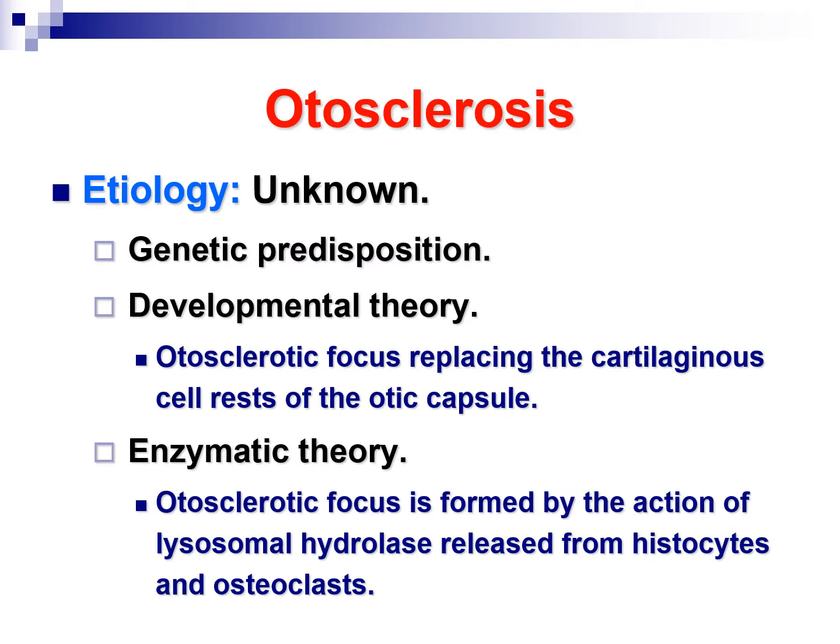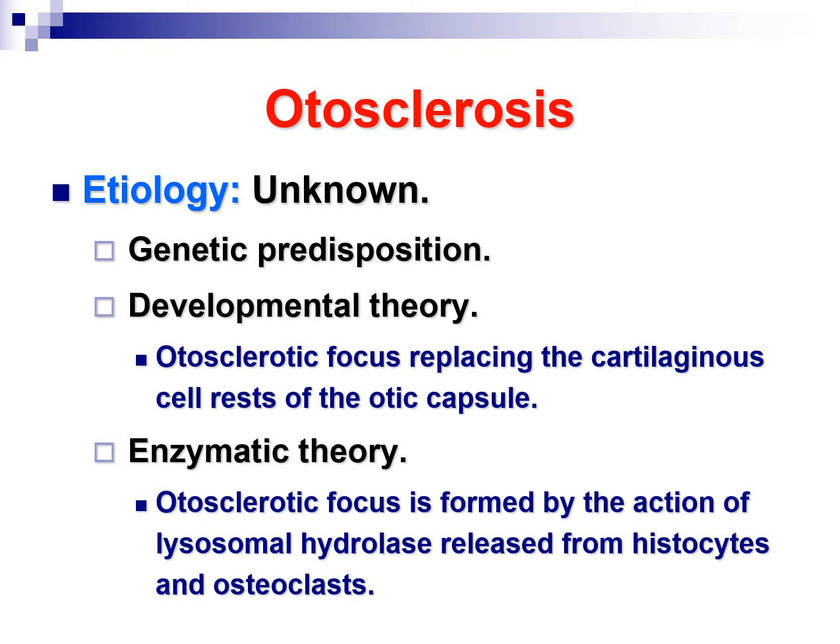The etiology of otosclerosis is largely unknown. However, there are 3 different theories explaining this disease. First is the genetic predisposition, as this disease runs in families, so there is a genetic background predisposing to it.